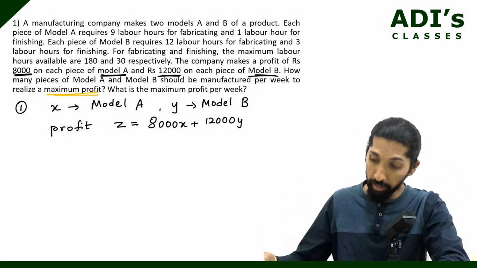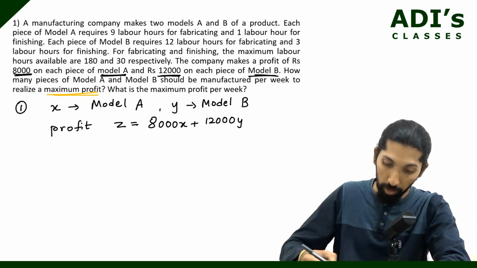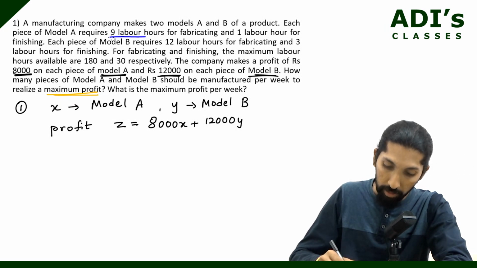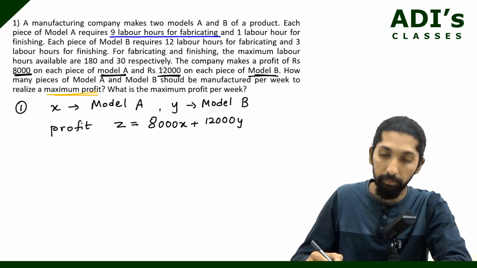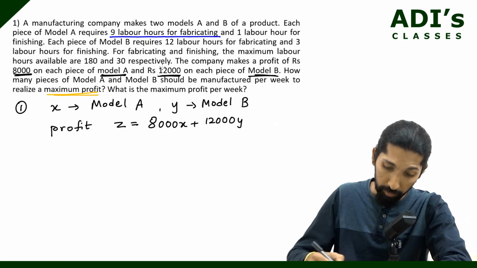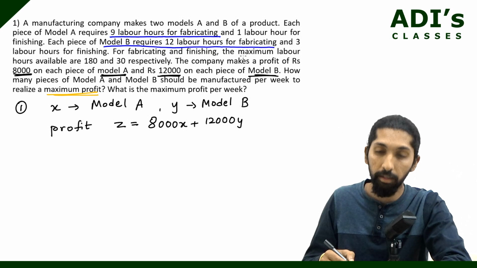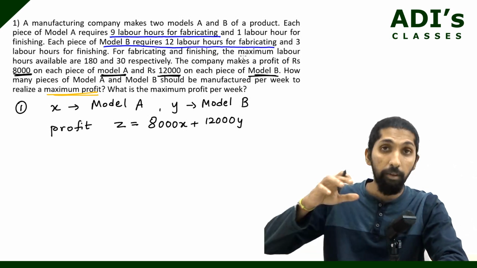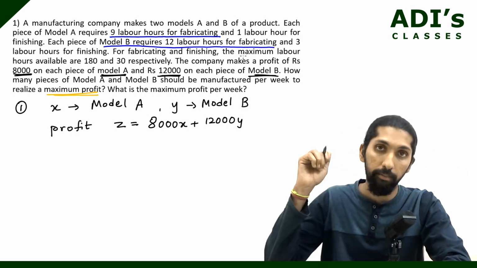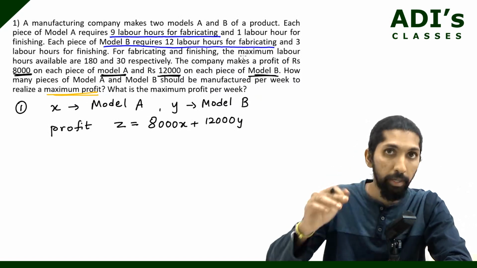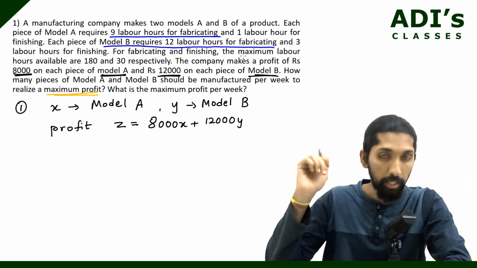Now let's go for the next one. See, what do we have? 9 labor hours for fabricating, right? The next one, model B requires 12 labor hours of fabricating. Now let's look at it like a fabricating constraint, only the fabricating constraint. Then we'll go for the next part.